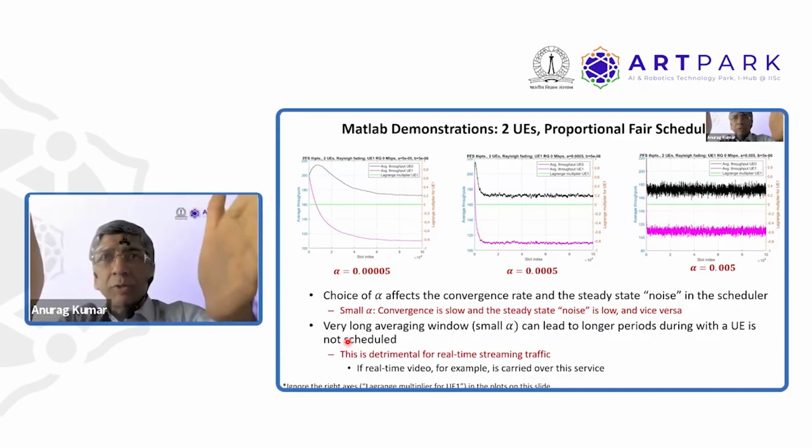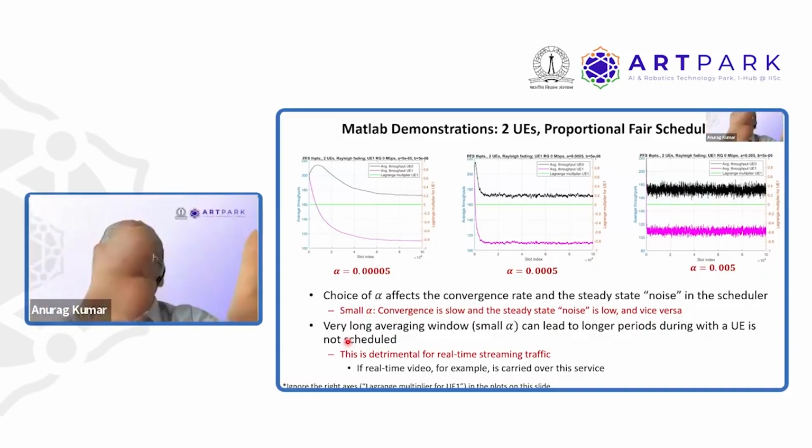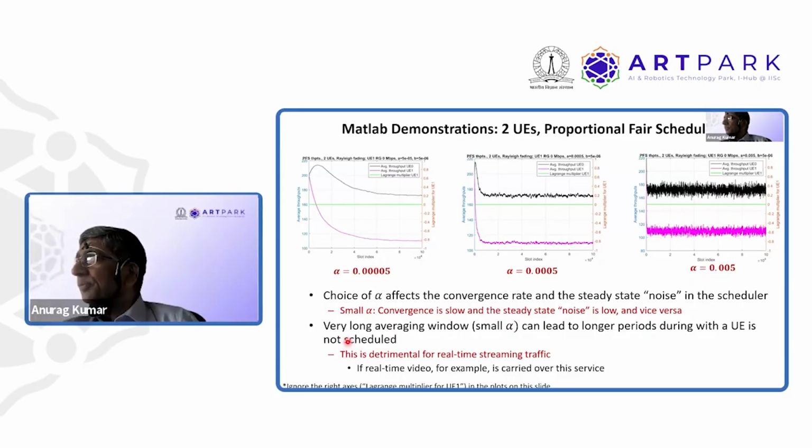But if you're averaging over a short window, then you have to give me 340 Mbps over that time and even a small throughput over that time. So a large window leaves open the possibility of a user not being scheduled for long or getting a low throughput for long. Okay. So if you're running a real-time application, it requires more care. Say a YouTube video is something that's buffered, so I don't really care about real time.